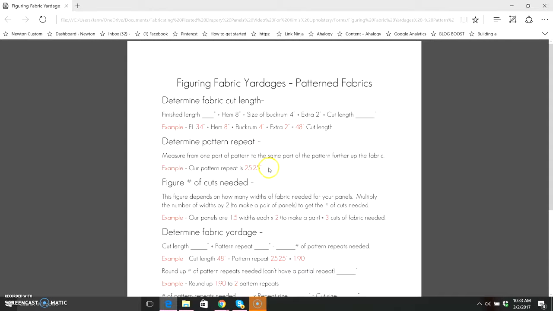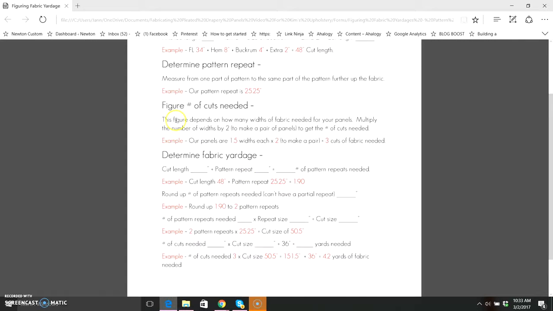As I showed you before, to find the pattern repeat and to measure it, you need to go from one part of the pattern to the same part of the pattern further up the fabric. That measurement is your pattern repeat. So for our fabric, our pattern repeat is 25 1/4 or 25.25 inches.